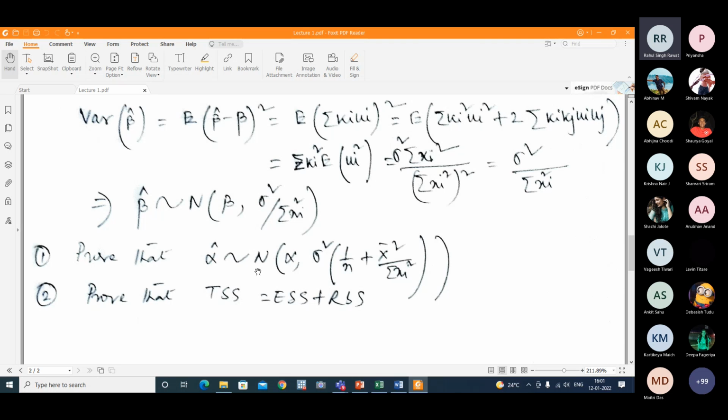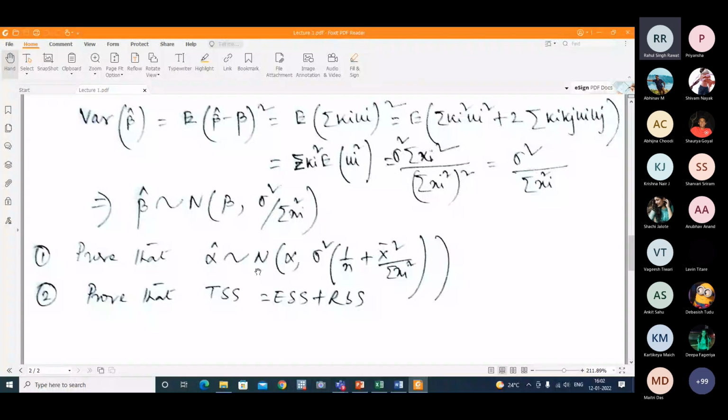We can say that the total sum of square, or total variations in Y, in consumption expenditure in this example, has two components. One component is explained by income and the other component is not explained, remained unexplained.